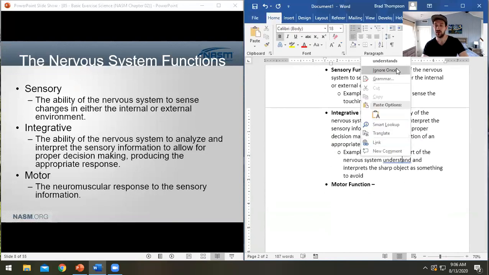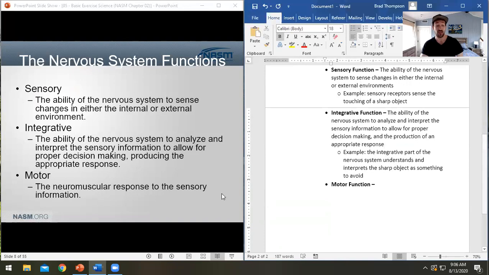And then you're going to have your motor response, right? Motor response is the neuromuscular response to sensory information. This is where we see the term neuromuscular, where the nervous system is integrating with the muscular system. Your sensory function came in, integrative function figured it out, but your nervous system can't just move the hand away on its own.